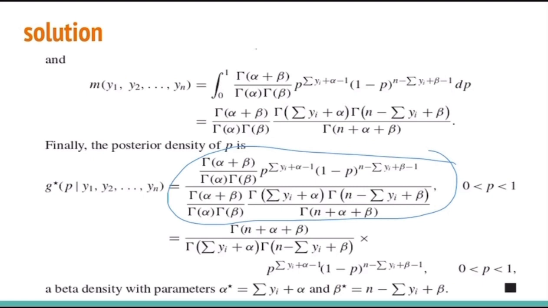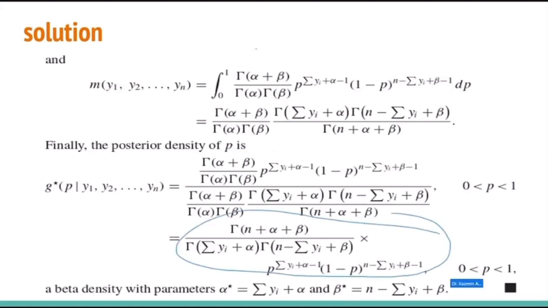By the time you simplify, that leads you to this. You can see that if alpha and beta are the parameters of the prior distribution, then we also need to obtain the new parameters for the posterior.